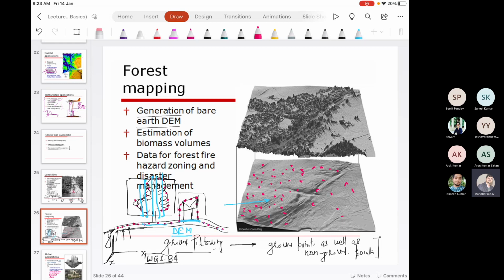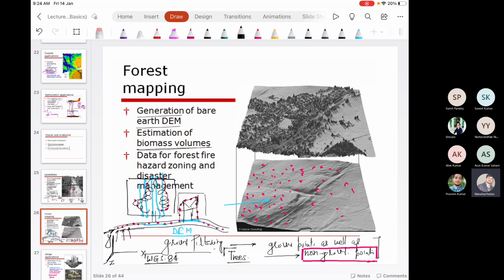The second part: once you separate the non-ground points, there are various objects of interest in them. If I talk about forestry, the object of interest is trees. In forest mapping and forest inventory, generally we estimate information related to the trees, like the computation of biomass and volumes.